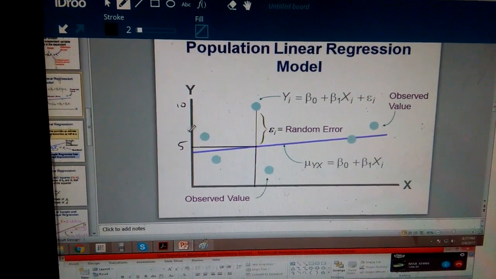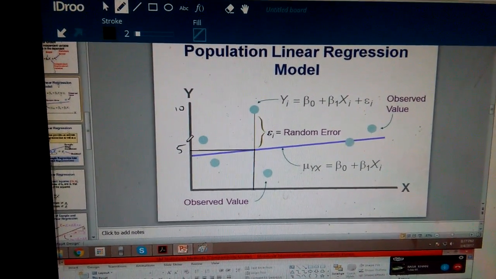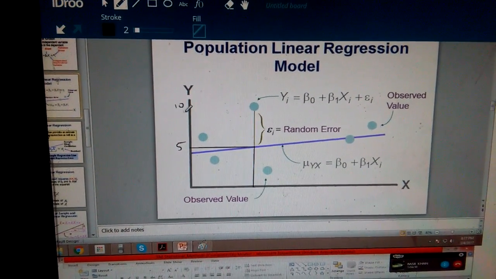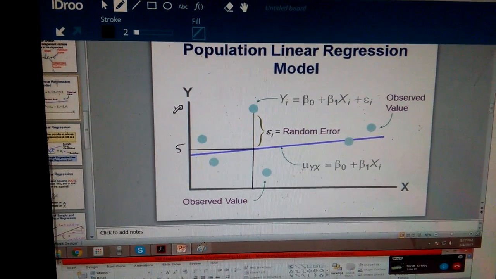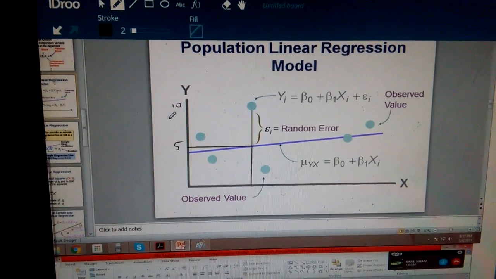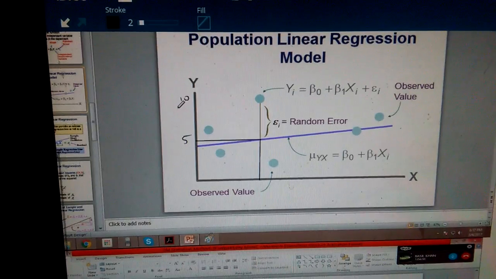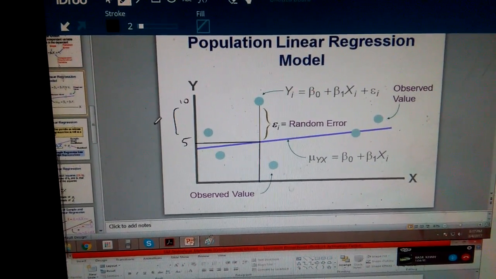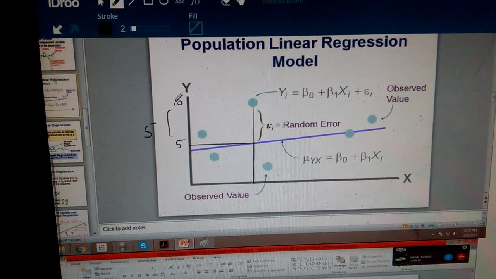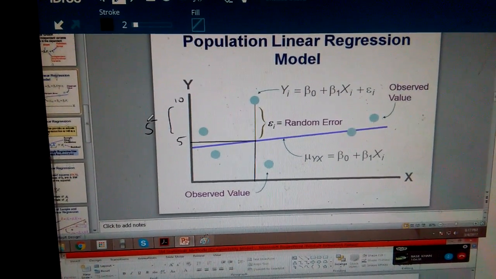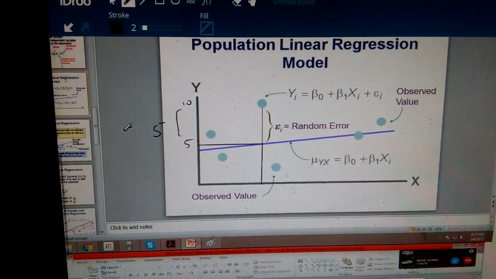So this is the actual value and this is the predicted value. The difference between these two is called the error. Presently the error is 5 here: 10 minus 5 gives you 5. This is your y, this is your y dash, and the 5 is your error.